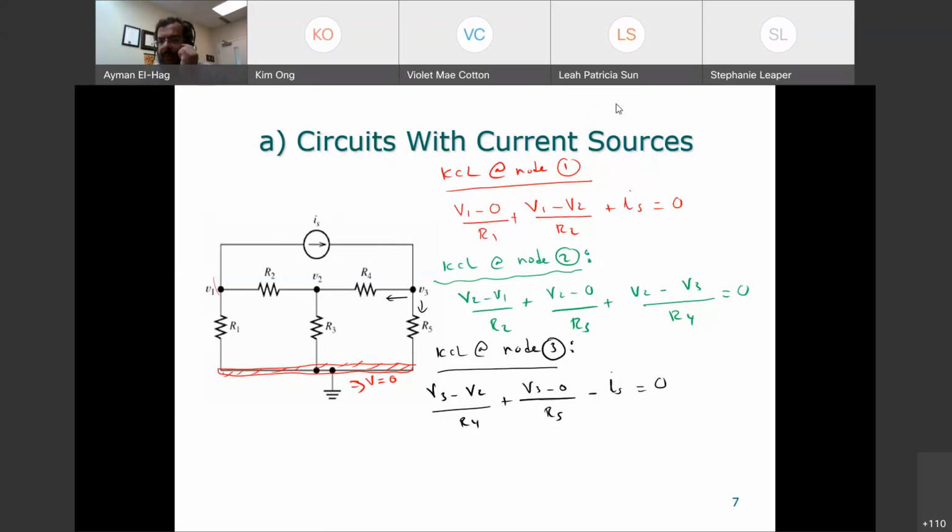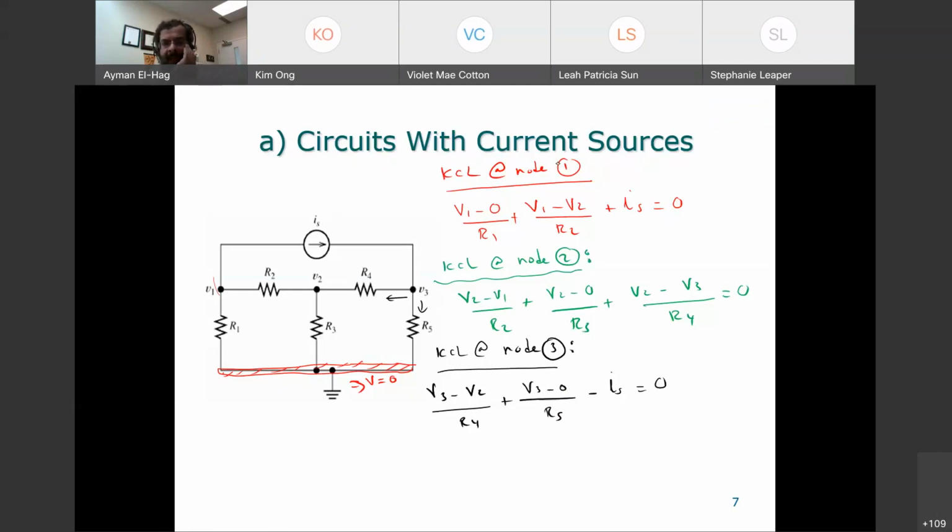Why do we subtract V2 minus V1 and V3 from V2? Sarah, if you want to elaborate more on your question, I don't get your question. Oh, okay. The nodes are okay.